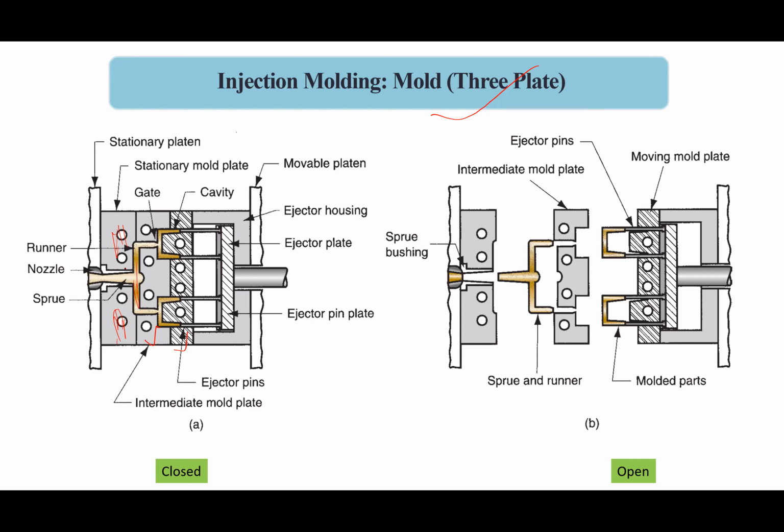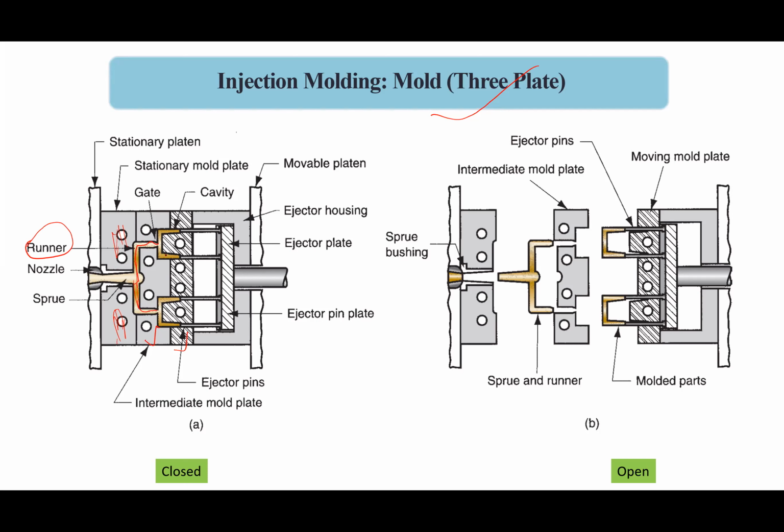In casting, as we know, the material enters the cavity through a channel, and that channel is called the runner. The material comes in through the sprue, and then using the runner it gets into the actual cavities. So in this case, three plates are used.